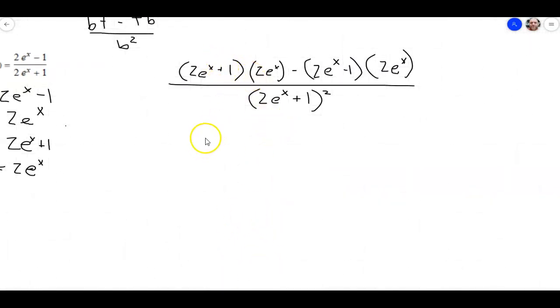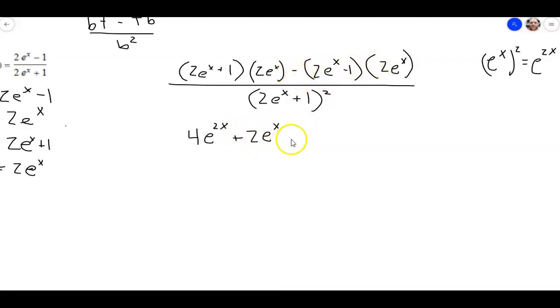So this first one is going to become 4, and that's going to be e to the x squared. And if I write this over here, that's e to the x quantity squared. Remember, when you have an exponent to an exponent, you can just multiply those. So whenever you square e to the x, it's just going to become e to the 2x. So that's 4e to the 2x, and then plus 2e to the x.